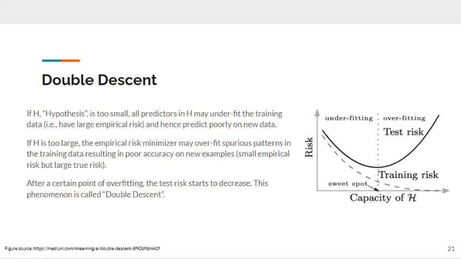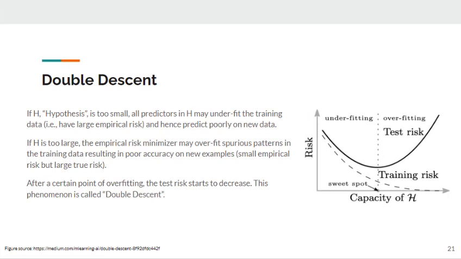Test risk also follows the same trend until we reach the sweet spot, which describes the best model for our use case. After this point, the test risk increases. If H is too small, then all predictors may underfit and predict poorly on new data. If H is too large, all predictors may overfit, and then we have poor accuracy on new examples.